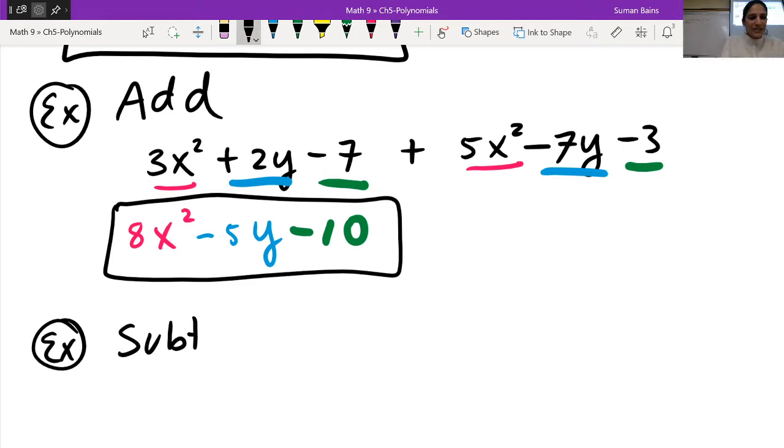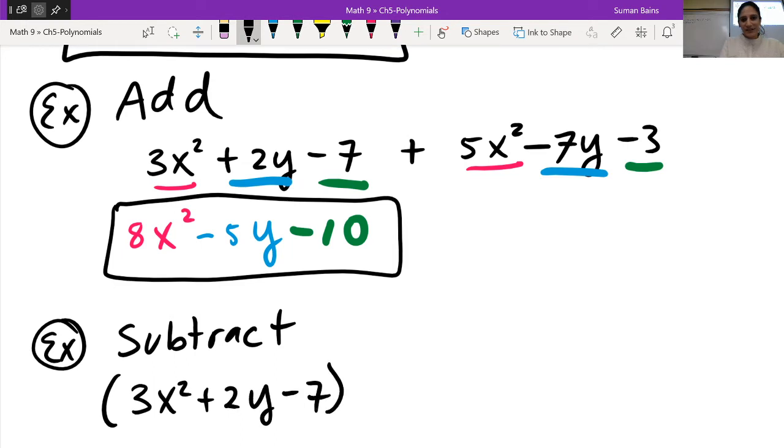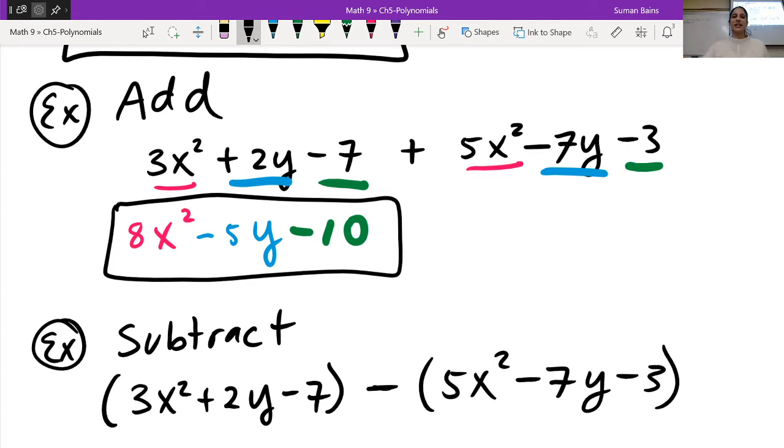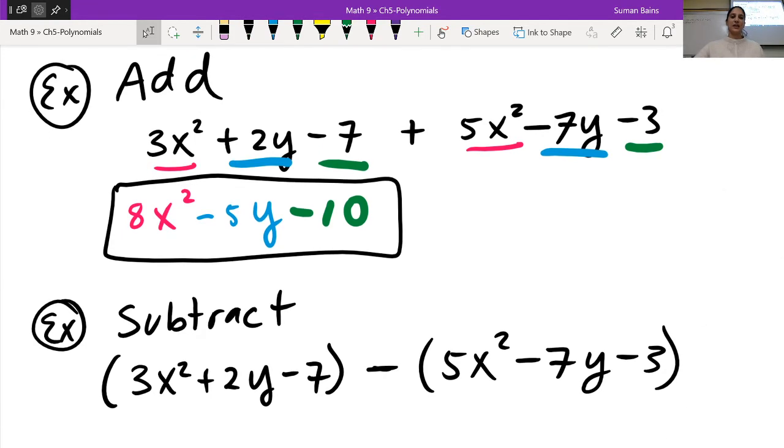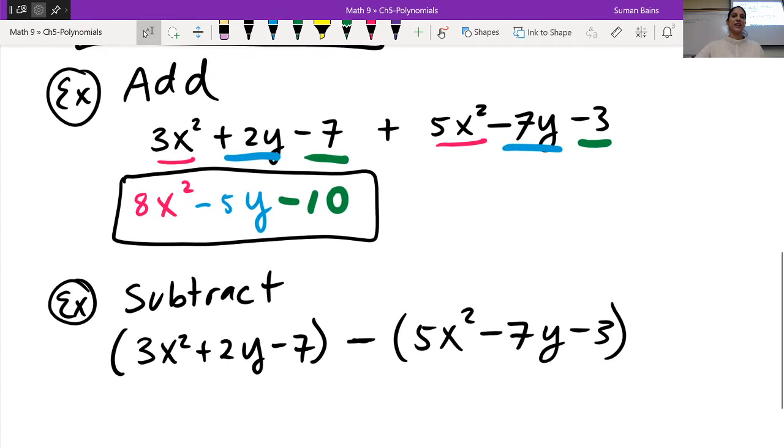So let's say instead we have subtract, and I have brackets this time. Let's make this kind of fun. Let's make it exactly the same, except I've changed the sign. This has a little more thinking involved, but I feel confident that you know how to do this.